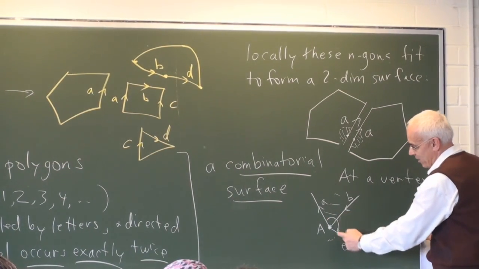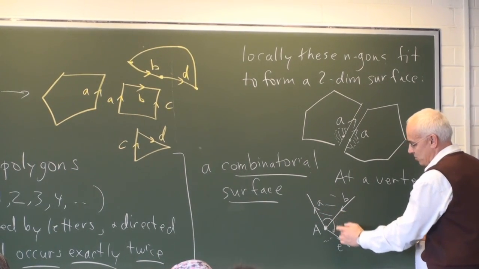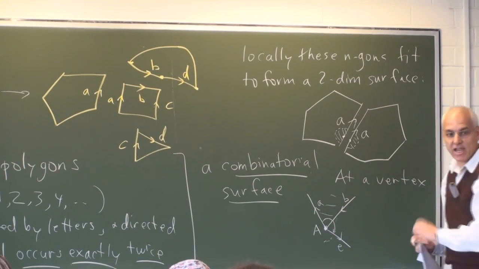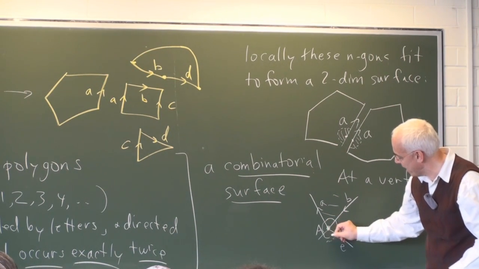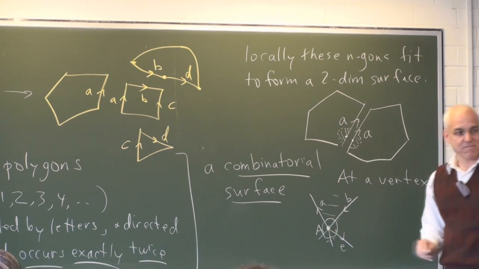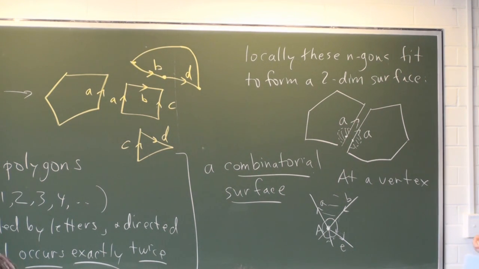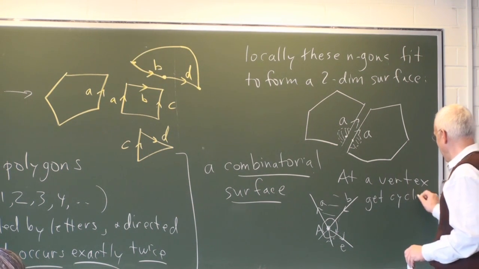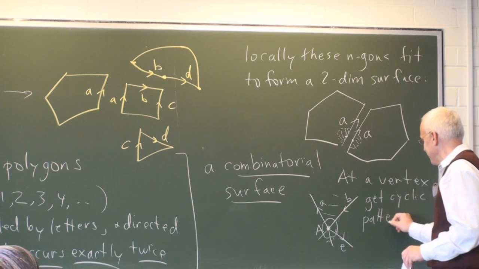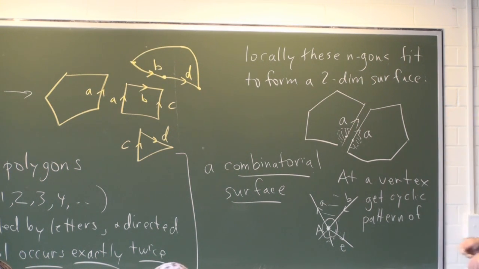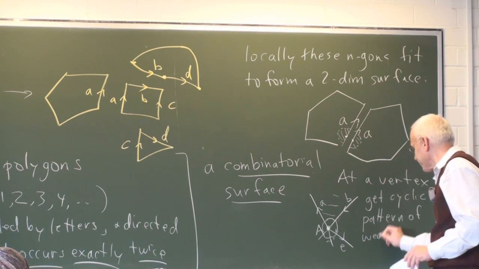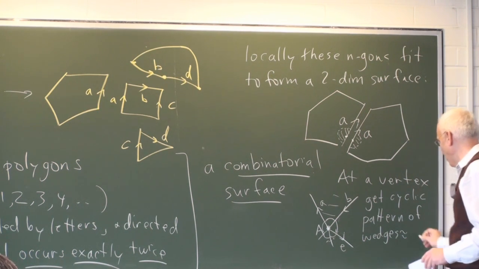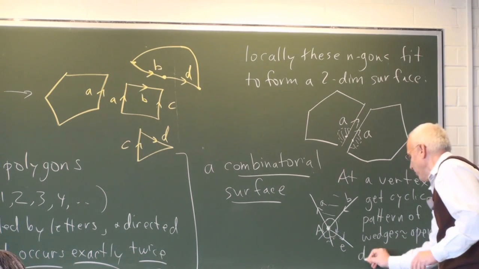Because the edges all come in pairs, we start with an edge A, then an edge B, and so on, and eventually we have to get back to that edge A again, and so it closes up. We have a bunch of circular arcs coming together to form also a circular disk near the vertex A. So at a vertex, we get a cyclic pattern of wedges that form also a little open disk neighborhood.